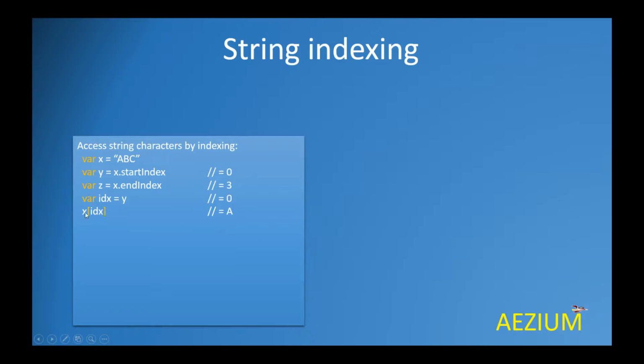So we could have said x, square brackets, 0, or because idx is already equal to the index of a, we could just insert it in here, and this arrangement will generate the character corresponding to this index. So A is the result of this.